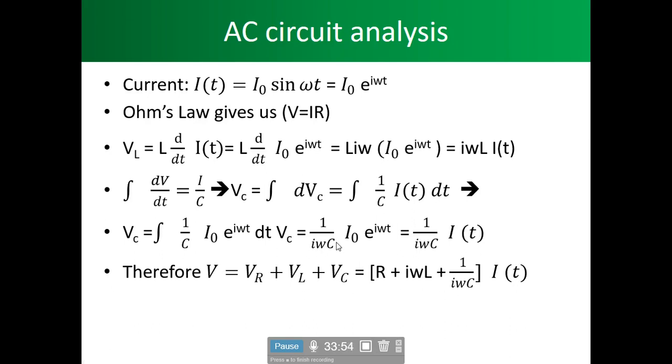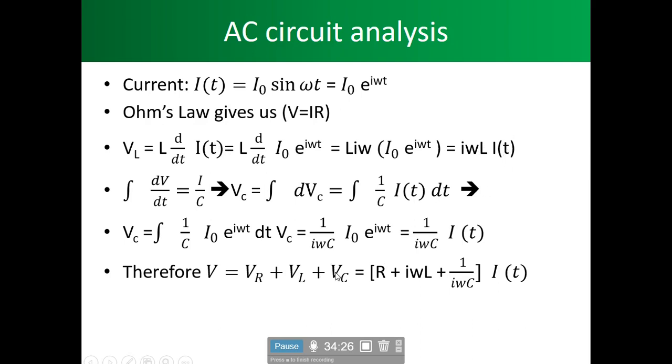Yes, we can. Therefore, V is equal to V of R, which we already talked about, I times R, plus V of L, which is up here, j omega L. That's the R, and this is the j omega L, and everything is times I(t).